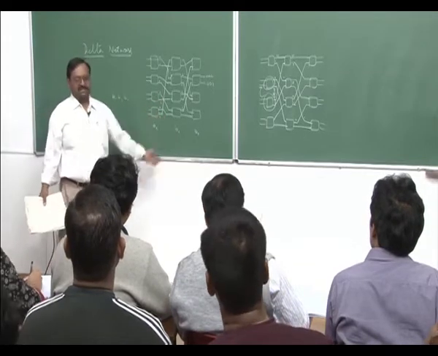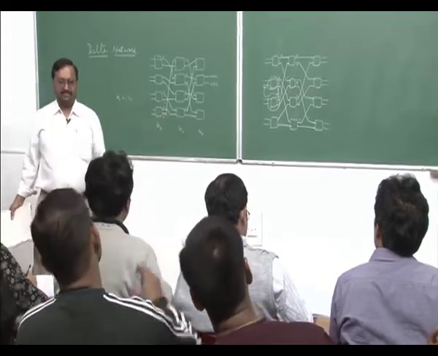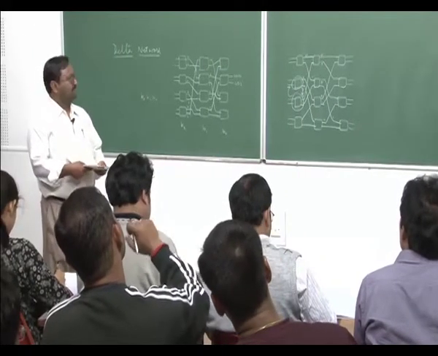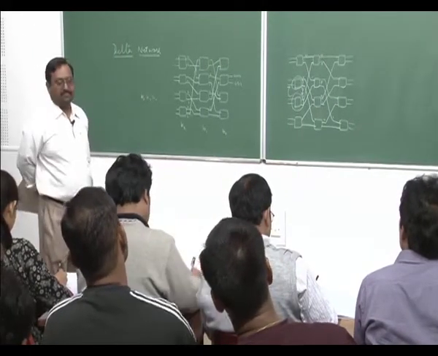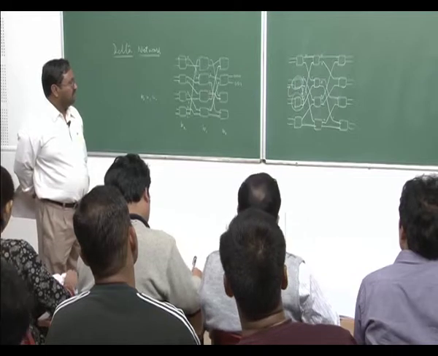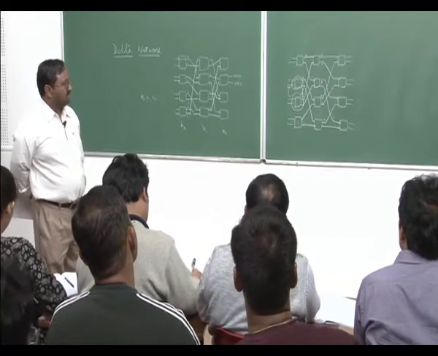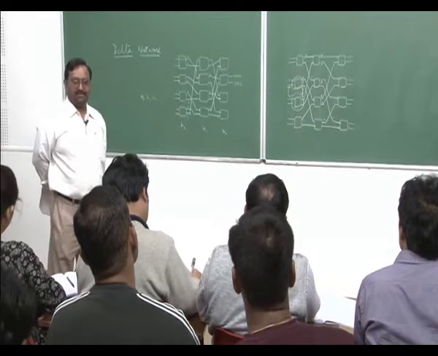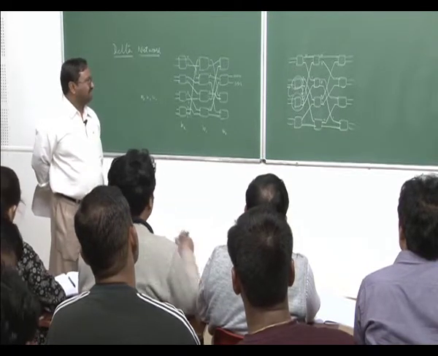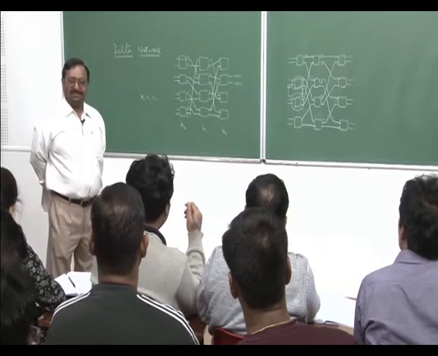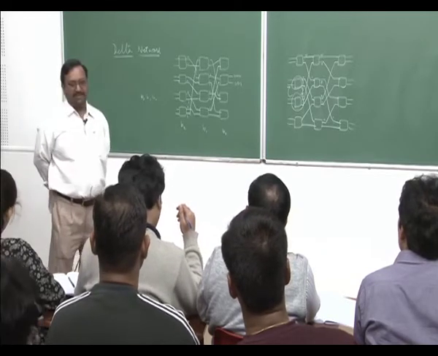This is not shuffling, but it is a delta network. The link between the first and the second stage is symmetrical to the second and third stage. The link between first and second stage is exactly the same, ditto. There is no change. Ditto. This is a shuffle. This particular thing is shuffle.